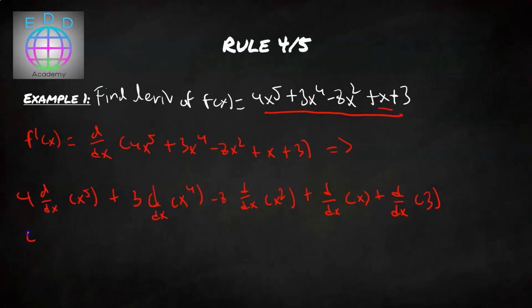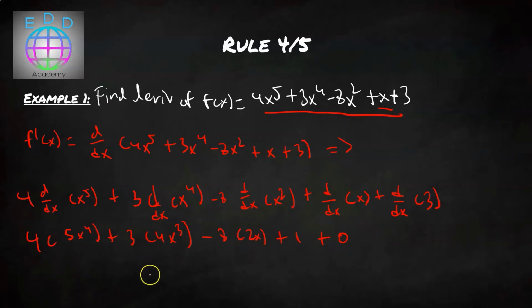So this simplifies to 4 times the derivative of x to the 5th, using our power rule, is 5x to the 4th, plus 3 times the derivative of x to the 4th, which is 4x cubed, minus 8 times the derivative of x squared, which is 2x, plus the derivative of x, which is just 1, and the derivative of 3, the derivative of a constant, as we learned in the previous video, is just 0.